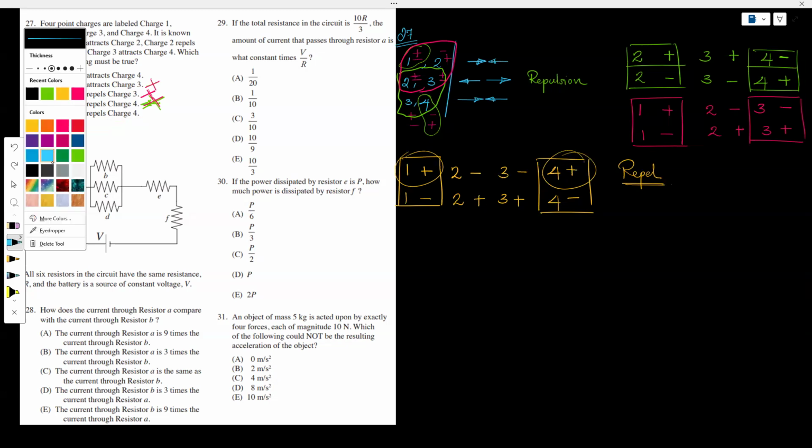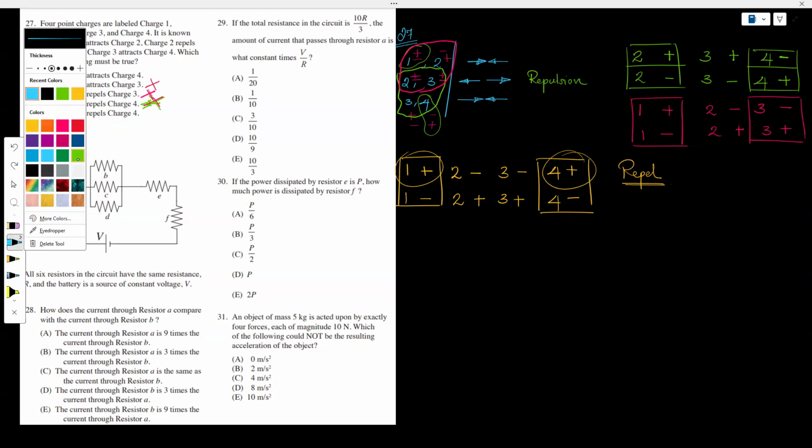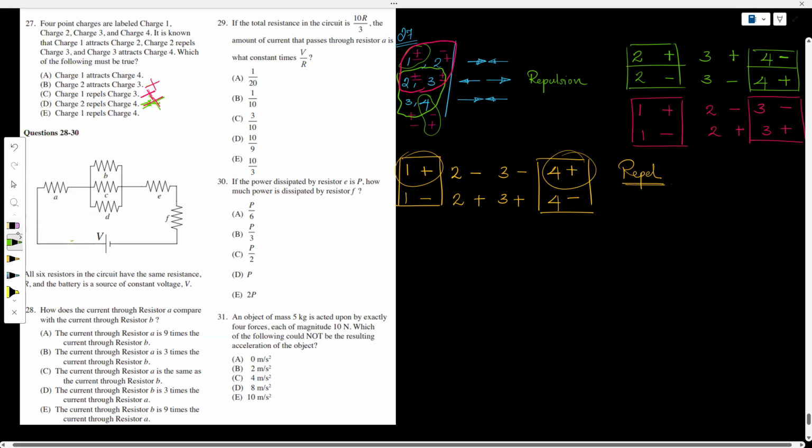So we know that when resistors are in series connection, the current through each and every resistor in the series connection is going to be the same. And when they are parallel, the current will divide based on the inverse resistance ratios to be exact, right? So what is going to happen as the current starts here?